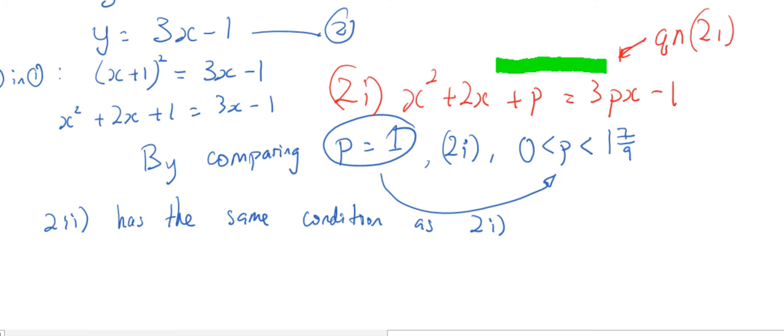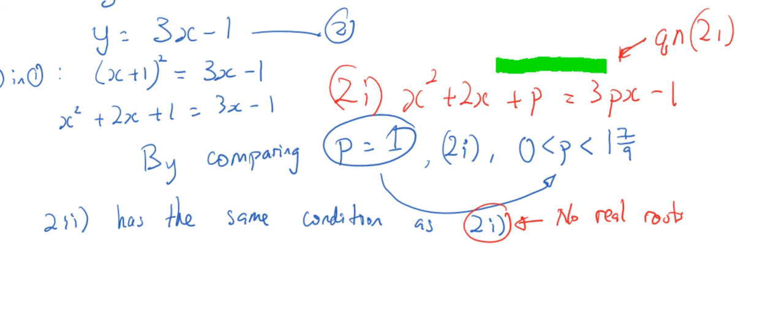Can you tell me 2 part 1, what's the condition? There's 3 words. No real roots, right? Because 2 part 1 is saying there is no real roots. So what can you conclude about part 2? Also, no real roots. Understand?